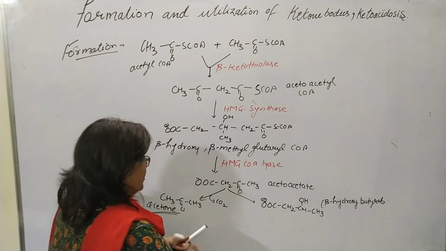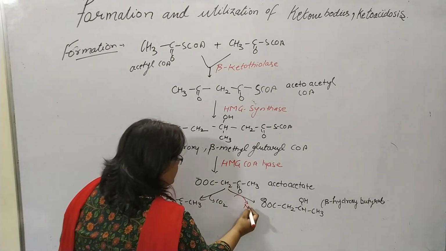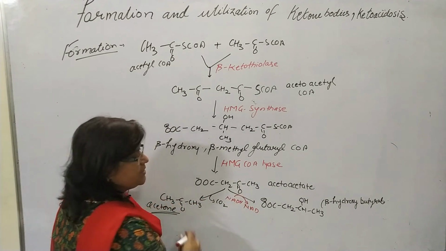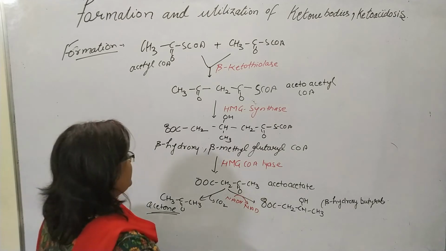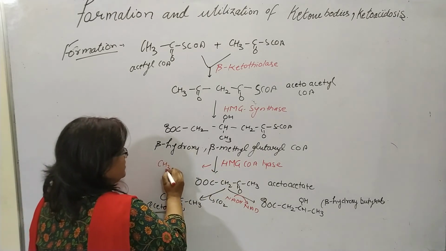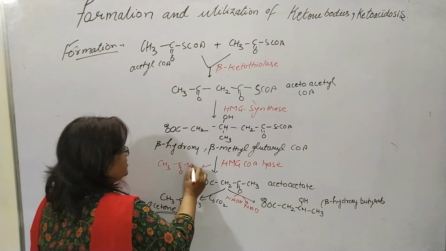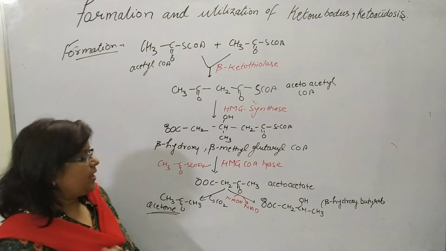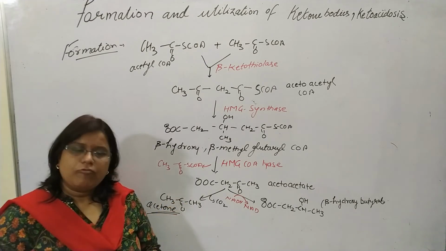In this step NADH is utilized and NAD is formed, and CO2 is released. In the HMG coenzyme A lysis, the acetyl coenzyme A group, CH3 C double bond O S coenzyme A, is released and acetoacetate is formed.